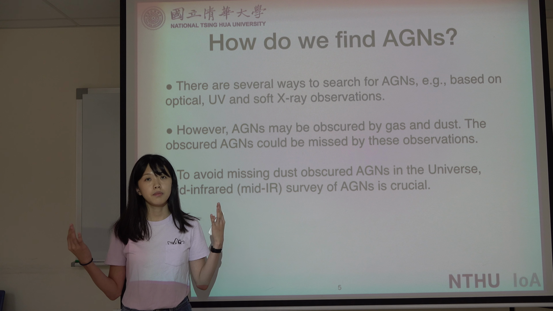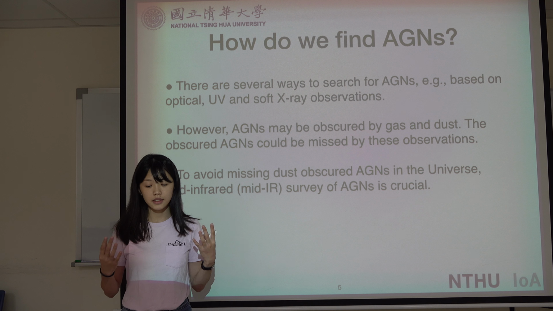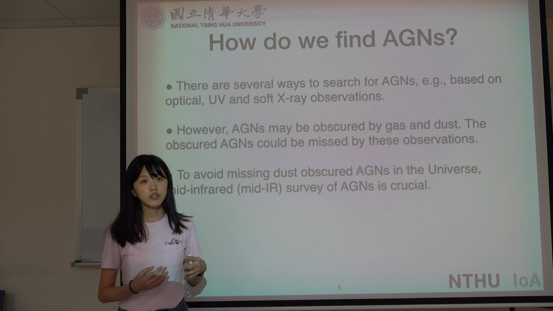However, AGN may be obscured by gas and dust, and those obscured AGNs may be missed by these observations. To avoid missing the obscured AGNs in the universe, a mid-infrared survey is very important because it's dust extinction free.